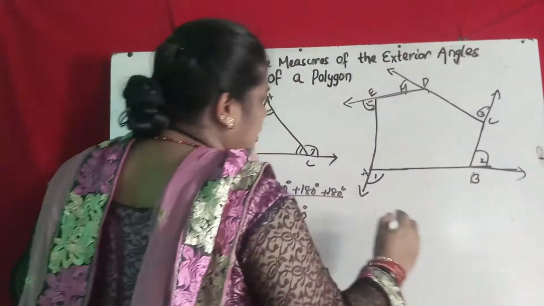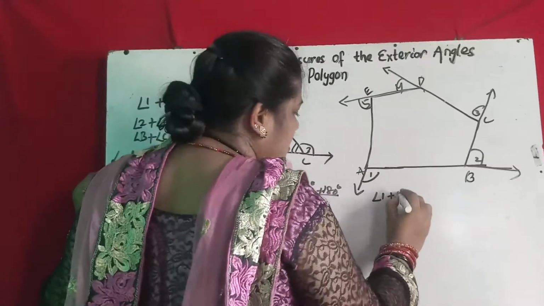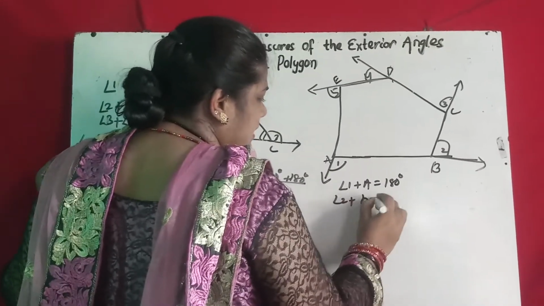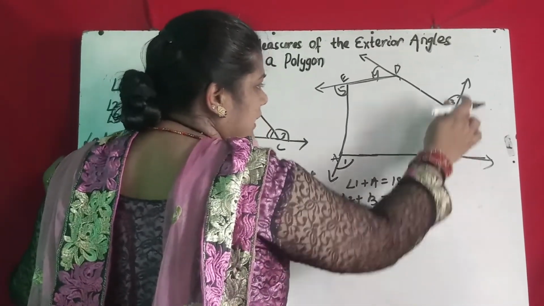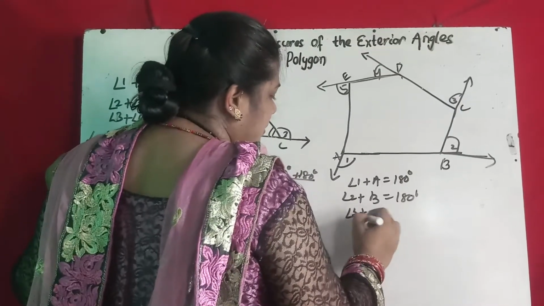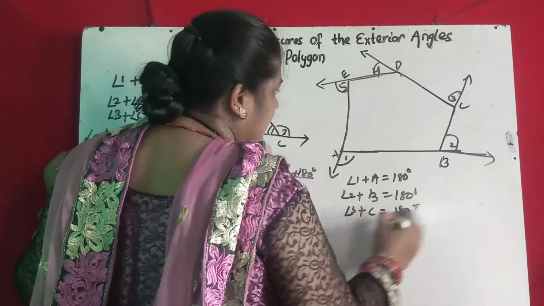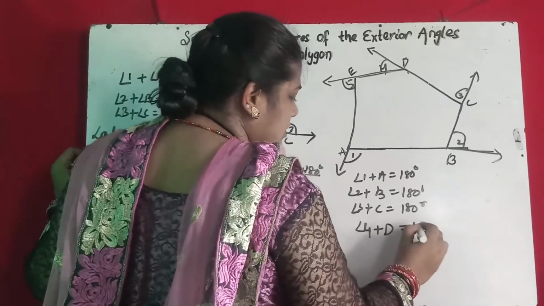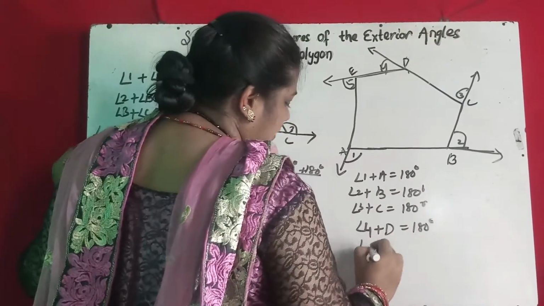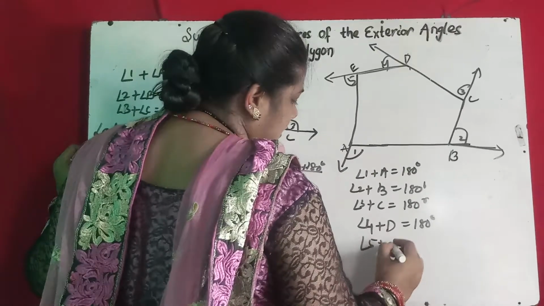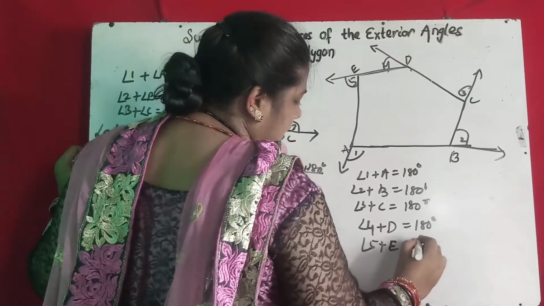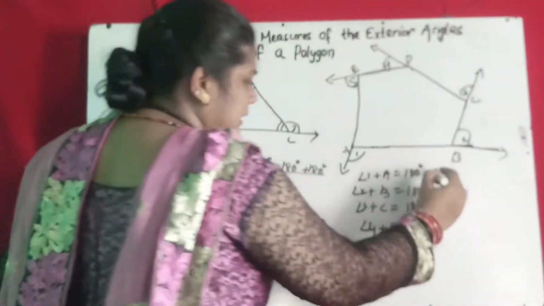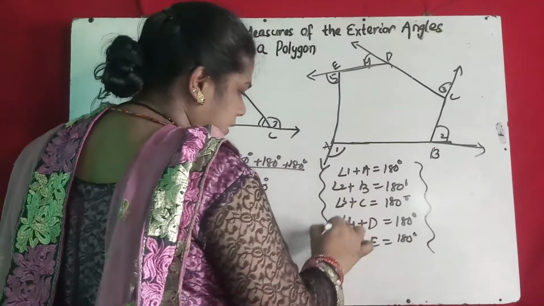Angle 1 plus A is 180 degrees, angle 2 plus B is 180 degrees, all are linear pairs. Angle 3 plus C is 180 degrees, angle 4 plus D is also 180 degrees, then angle 5 plus E is also 180 degrees. Same thing, you add this side and that side.